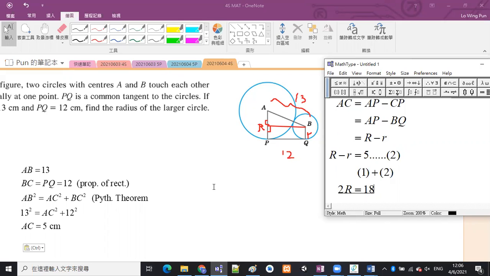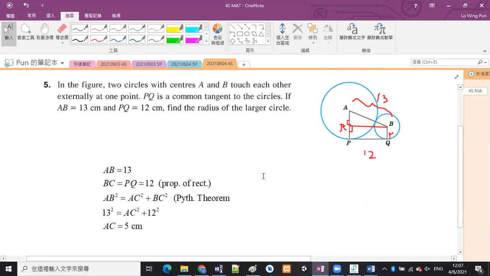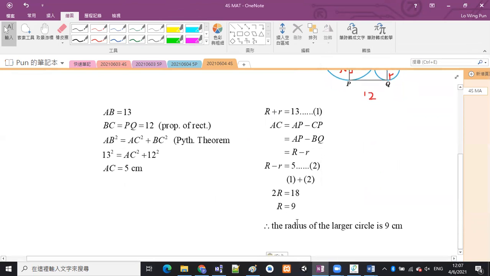Finally, capital R is equal to 9. Capital R is the radius that we want to find. Just write down the conclusion. Therefore, the radius of the larger circle is 9 cm. So that is the answer.